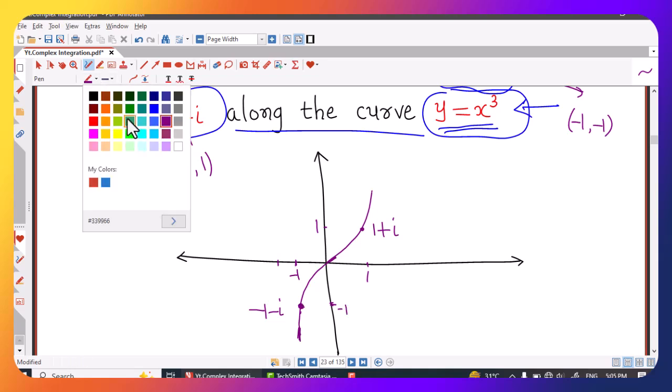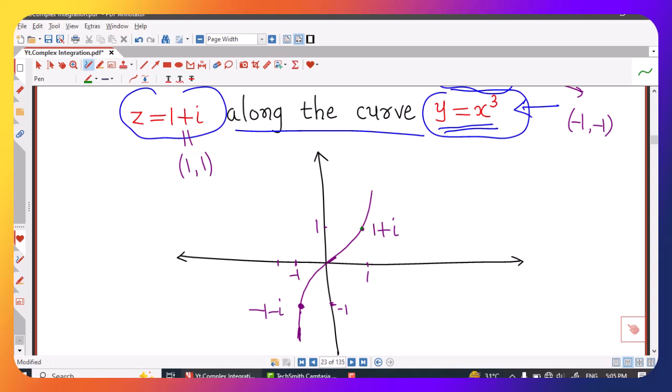and you can see we have to consider this arc of the curve y equal to x cube. We want to integrate along this part, which is also known as the arc of the curve y equal to x cube. Our curve is y equal to x cube. We are not integrating over the whole curve, we are integrating along the arc of the curve from this point to this point.